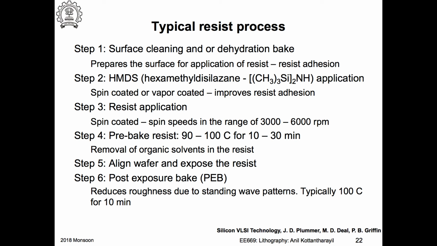These are typical numbers, but there is usually a spin schedule, which means that you don't go from 0 to 6000 rpm, but you start a little bit slowly, maybe 1000 rpm for a certain time, and then higher, and then you get to the full speed and then reduce it. So there is a spin schedule, but these are the typical spin speeds that are used, and you can see that it's a fluid, right? So the thickness, uniformity and so on would depend on the spin speed and the spin schedule that you use.